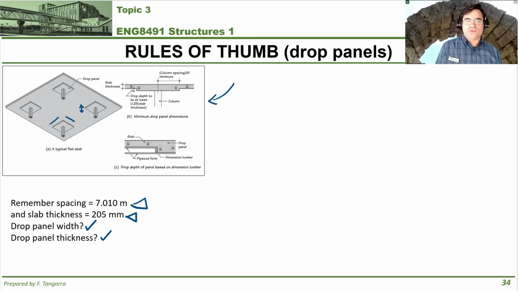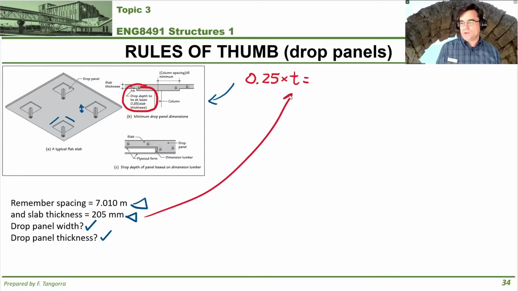The rule of thumb for the thickness, as it shows right here, and again, I took this straight from your textbook, is that the thickness of your drop panel is equal to 0.25 times the thickness of the slab. In our case, the thickness of the slab was 205, as we calculated.